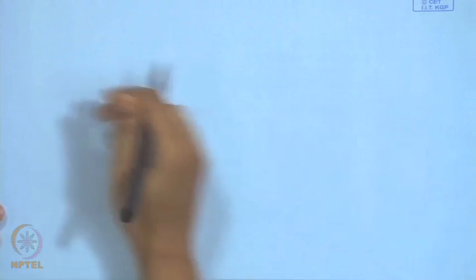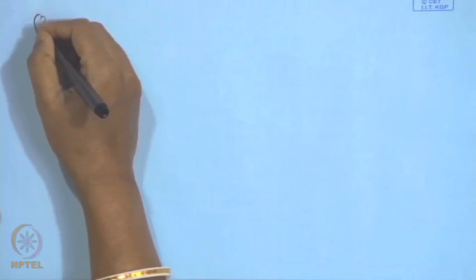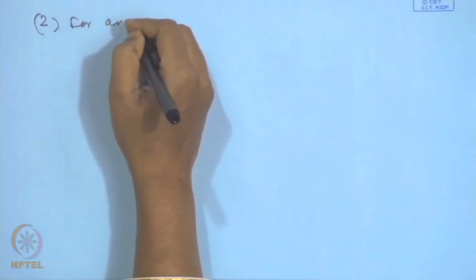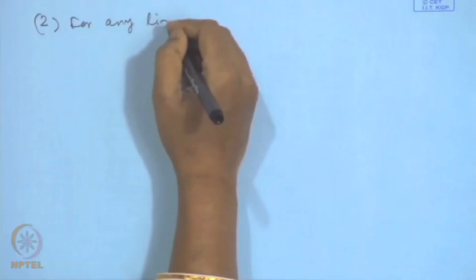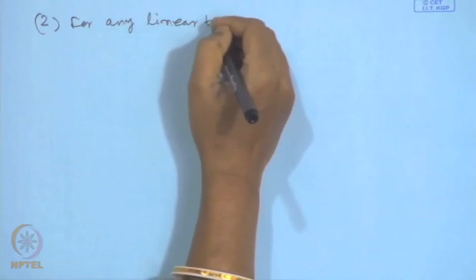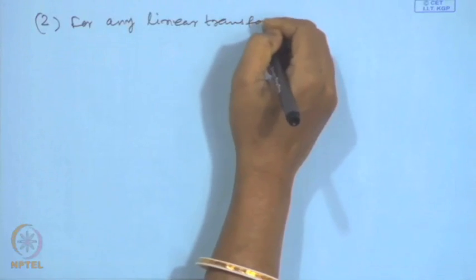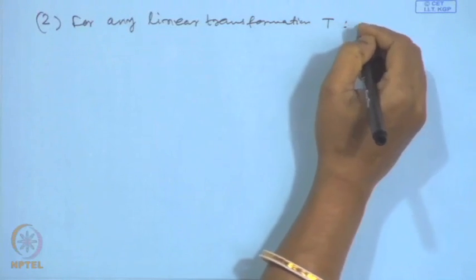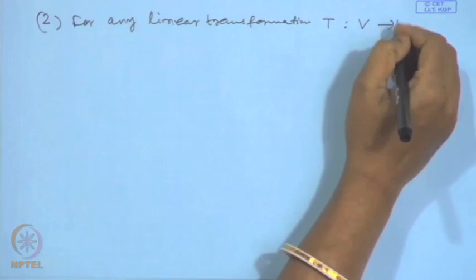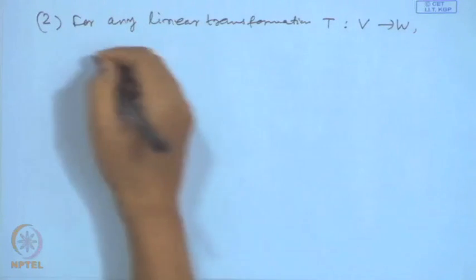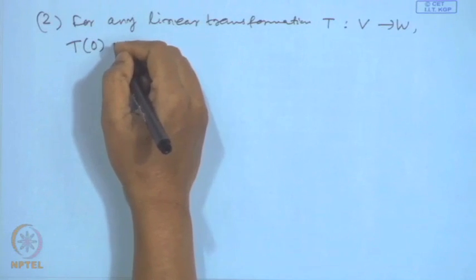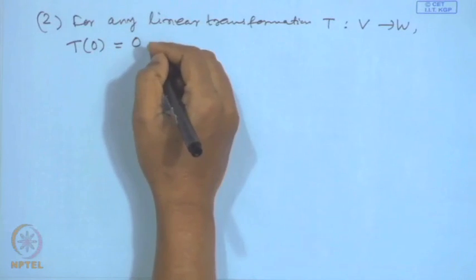So, for any linear transformation T from V to W, the image of the 0 vector, that is T of 0, is the 0 vector again.